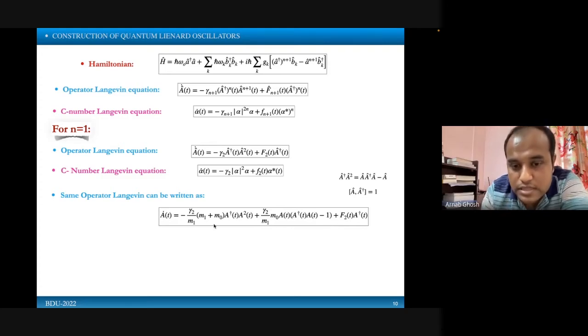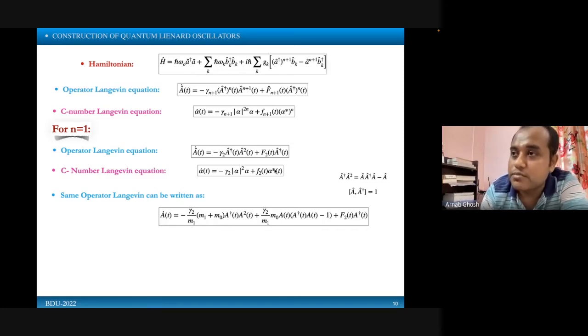Although these operator Langevin equations describe the same dynamical system in a slightly different form, this form will help us derive the van der Pol and the Rayleigh oscillators in their usual form, not by these equations.